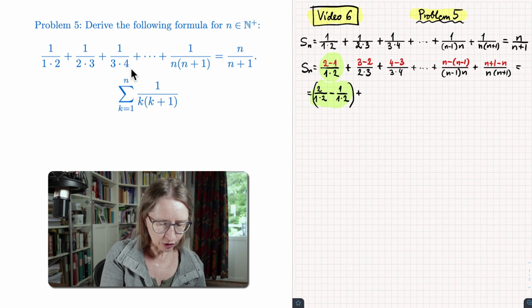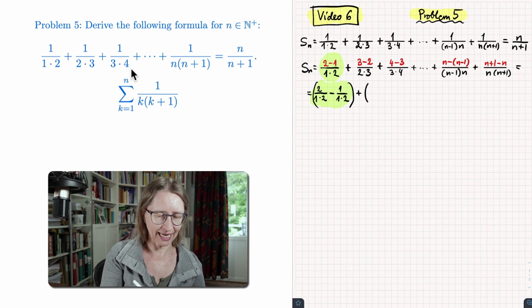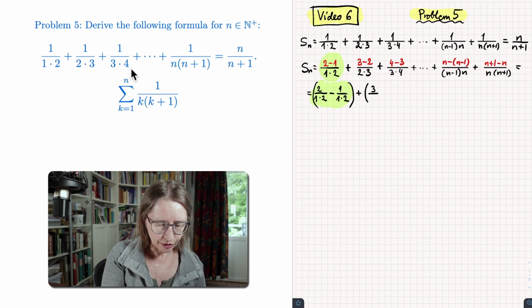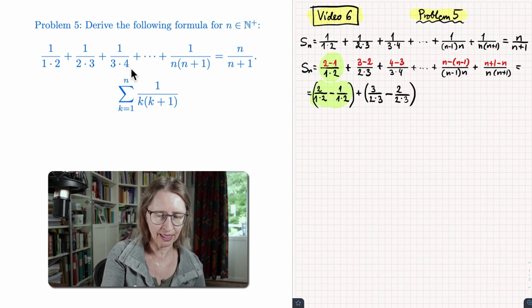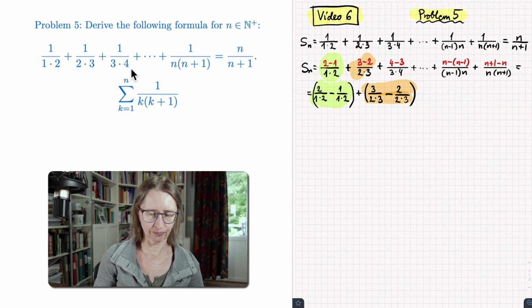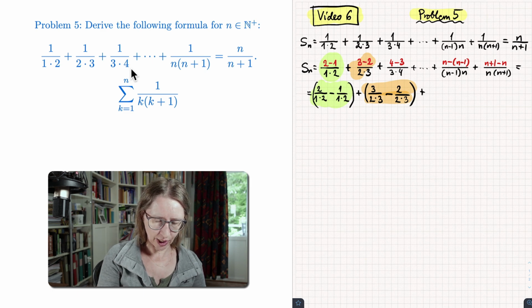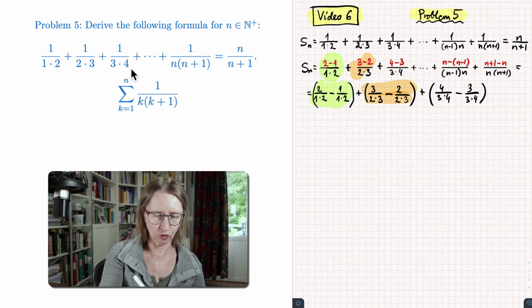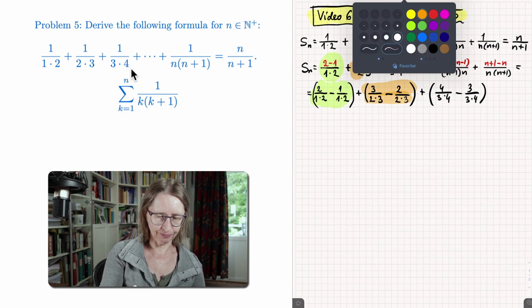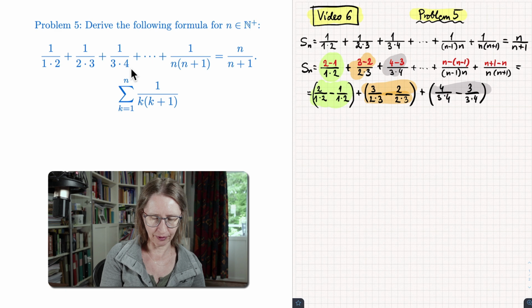So I can continue in the same way with the second one. So here it will be 3 divided by 2 times 3 minus 2 divided by 2 times 3. Exactly the same reasoning, but applied to a different fraction. And I will write the next one. It is again 4 divided by 3 times 4 minus 3 divided by 3 times 4. Some color here, maybe this one.